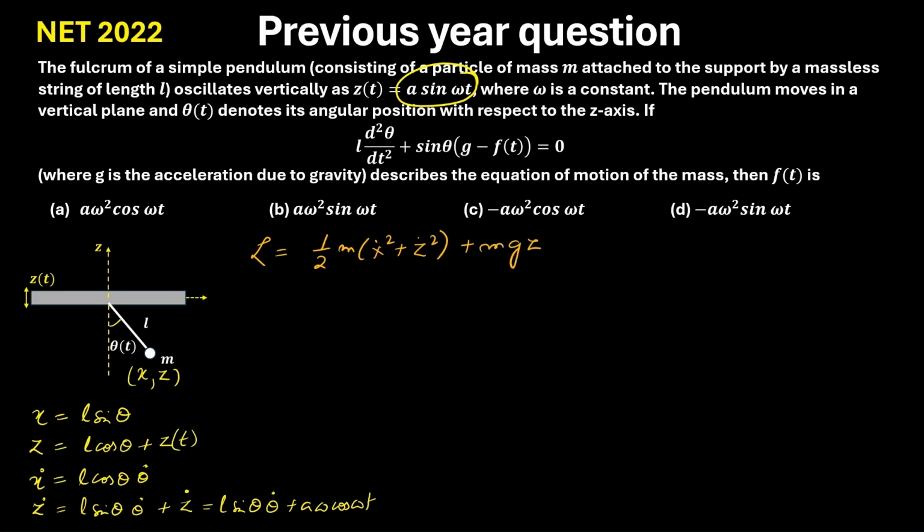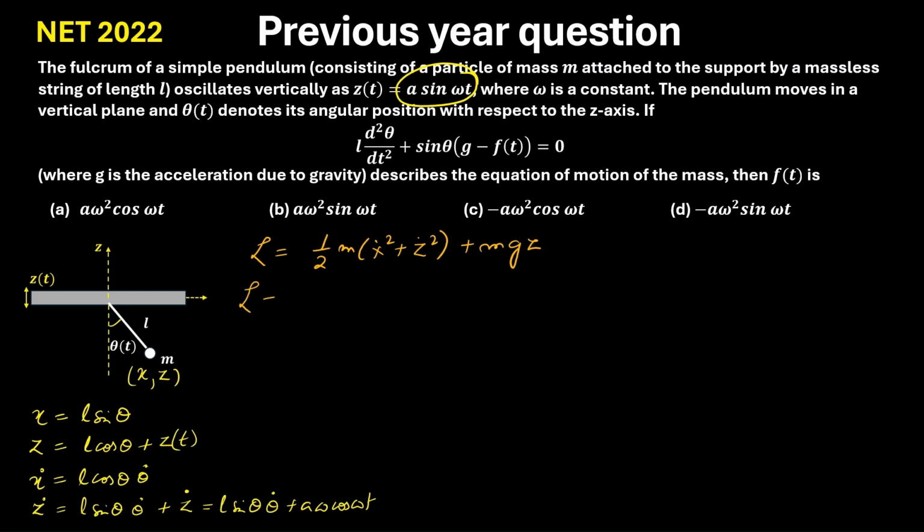So this is the Lagrangian. Now I will substitute x dot, z dot and z so that we have the equation in terms of theta. You can pause the video and substitute. I'm writing the final expression here.